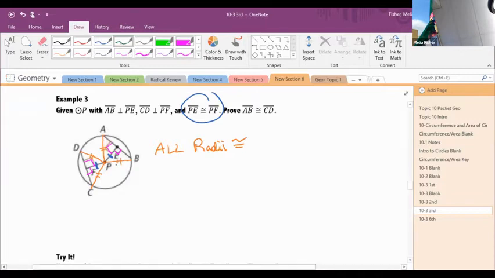So looking at this, I know a leg and I know a hypotenuse of every one of those 4 right triangles.